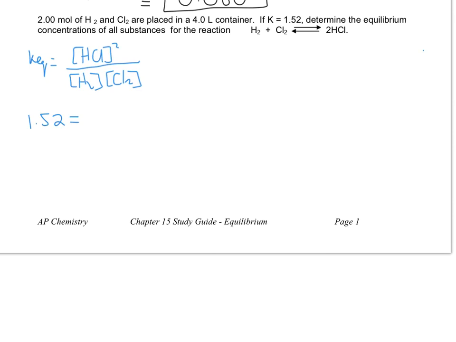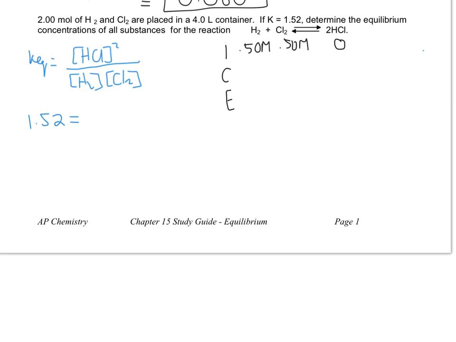Since my reaction is written right here, I'm just going to do the ice chart under it. So ICE. Initially, I know that this is 0.50 molar, and this is also 0.50 molar, and that I don't have any products at the very beginning, so that should be 0.